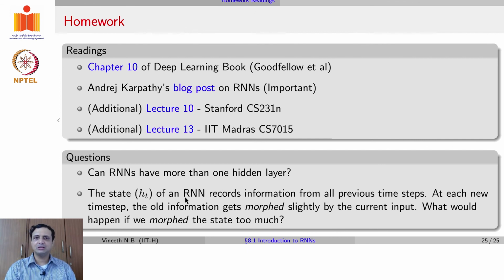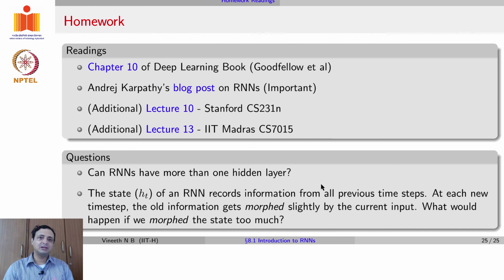And the next question is, the state HT of an RNN records information from all previous time steps. At each new time step, in a sense, the old information gets morphed slightly by the current input. So you have an HT minus 1 that comes, you have an XT that comes.